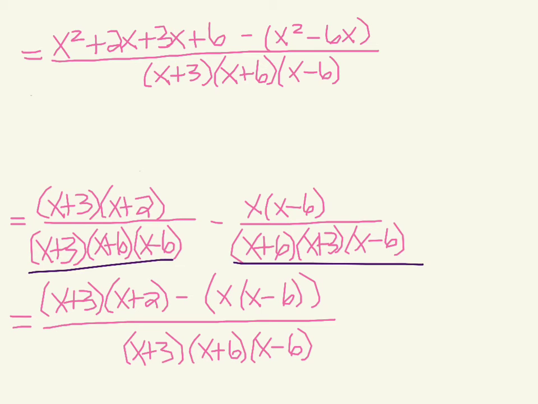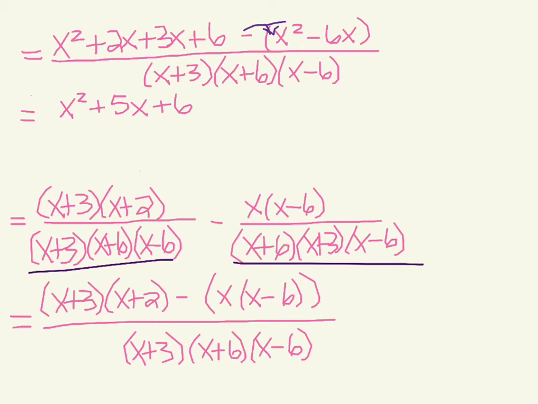So now in the numerator, I can combine like terms. So I'm going to get x squared, 2x plus 3x is equal to 5x plus 6. And now I'm going to go ahead and distribute that negative right here.